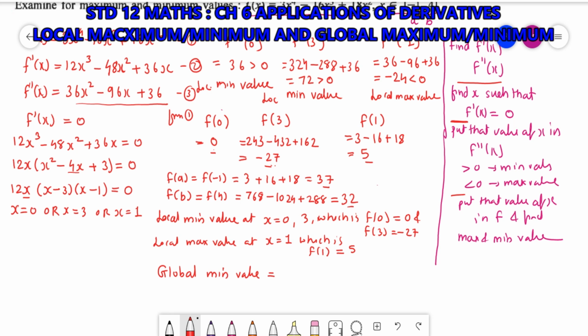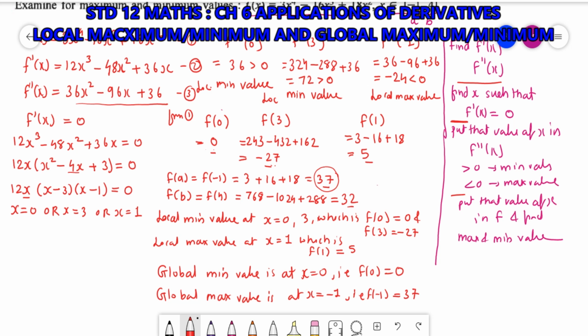Minus 27. So it is at x equal to 3, that is f of 3 is equal to minus 27. And the global maximum value, from all of these, which is the maximum? 37. So this is at x equal to minus 1, that is f of minus 1 is 37.